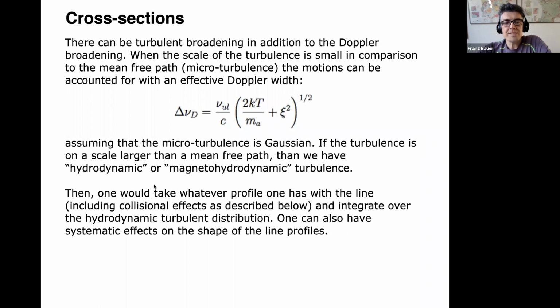Here, basically, we would want to take whatever profile one has, which would include collisional effects, et cetera, which we'll describe later, and integrate over the hydrodynamic turbulent distribution to see, once you remove the hydrodynamic turbulent component, what extra shapes you have, which might modify things.